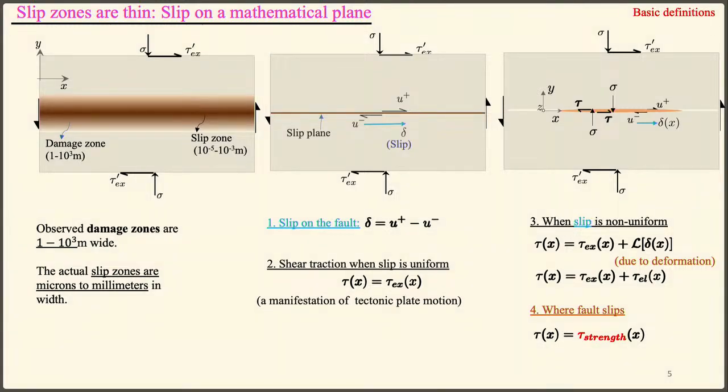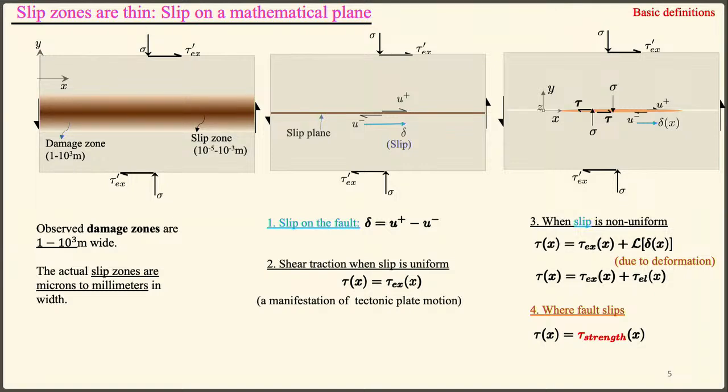By slip, I mean there is a relative displacement between two surfaces which slide past each other, and this is the definition of slip, a relative displacement. And the damage zones, although they are wide, the actual slip zones are very, very thin, and so this idealization is not very far from realistic conditions.